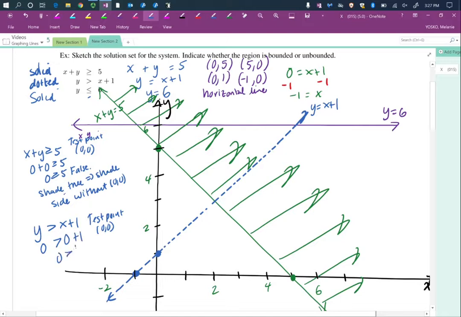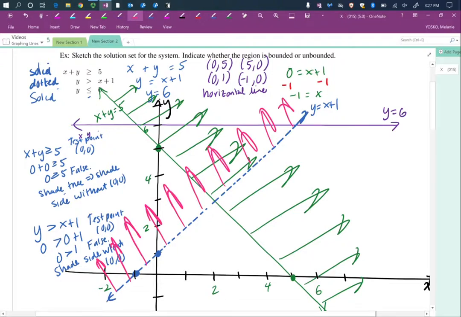I see that 0 is greater than 1. Again, that's false. So I'm going to shade the true. So I'm going to shade the side without 0, 0. Here's 0, 0. I have to shade this side. So you're going to shade like this.